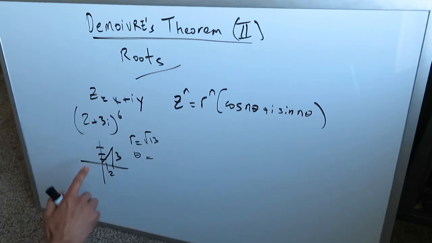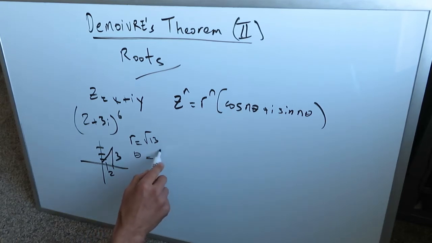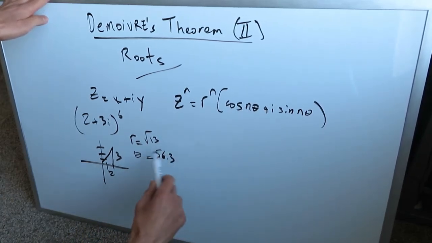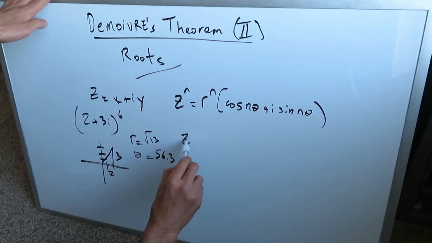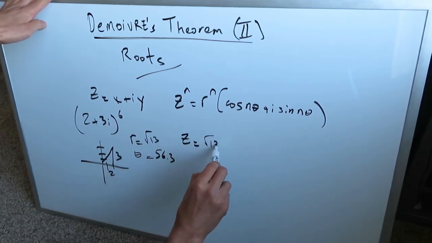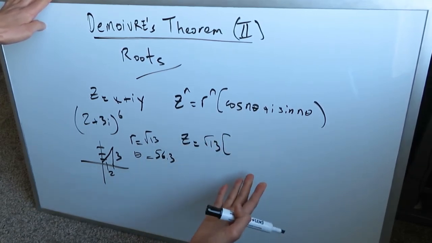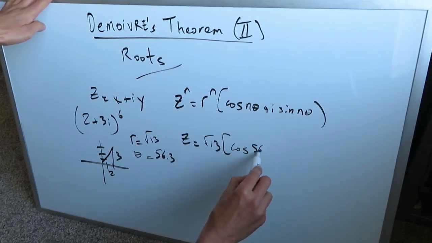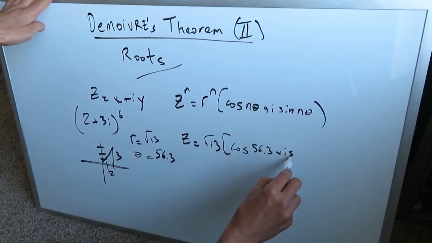Our y component is 3, and 3 divided by 2 is 1.5. You inverse tan 1.5, and you get 56.3 degrees. Then you can write this in polar or trigonometric form: root 13, cosine 56.3 plus i sine 56.3.